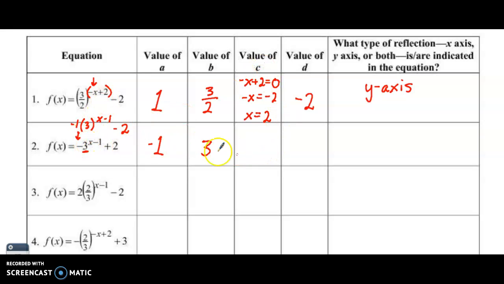And then most people would look at that and be able to tell that x equals 1, but if I follow the same rule as number 1, I want to set the argument equal to 0 and then add 1 over. And then in this case, the d value is positive 2. And this one also has a reflection. When the a value is negative, that's going to reflect over the x-axis.